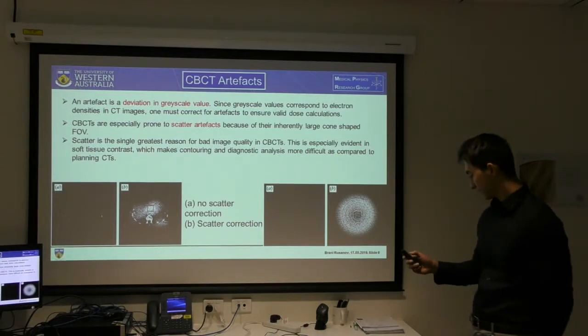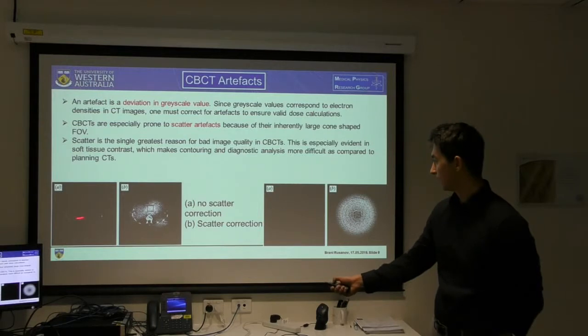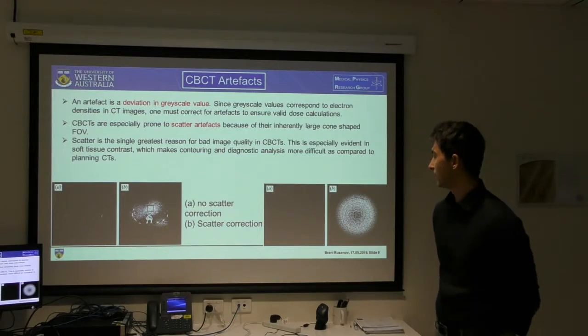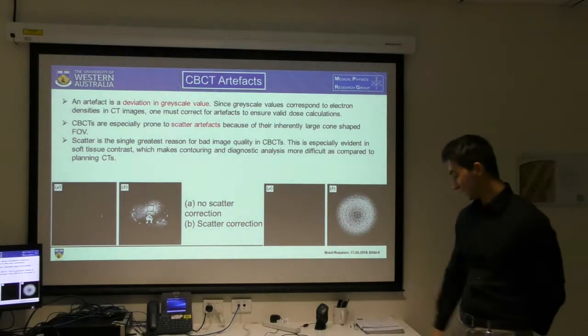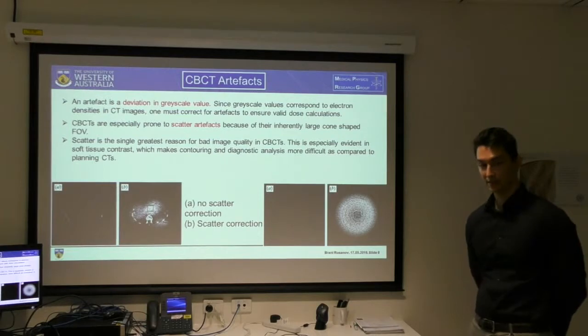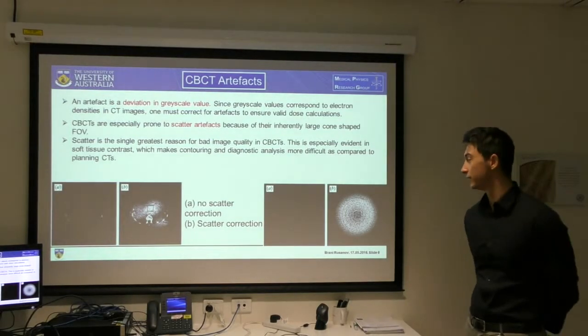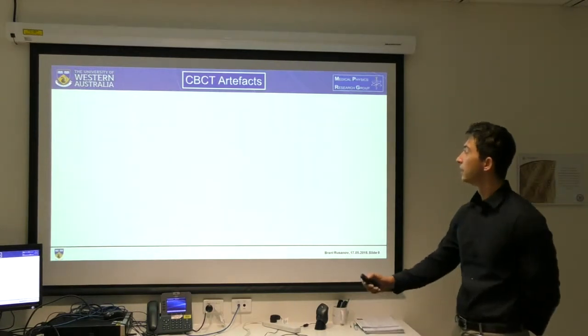A is meant to be no scatter correction, but it's kind of messed up from the contrast. But the images are meant to show that scatter correction significantly improves the image quality and the HU reliability of CBCT images, and that's done through an iterative reconstruction, which is more effective than filtered back projection.